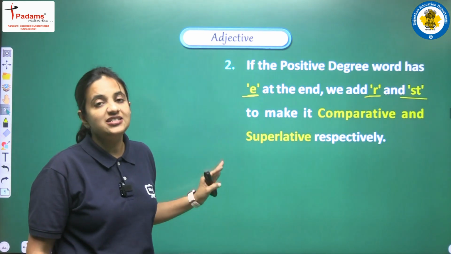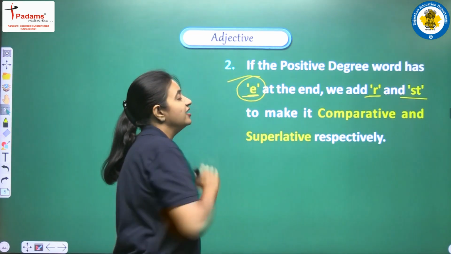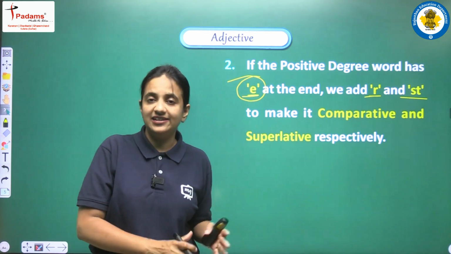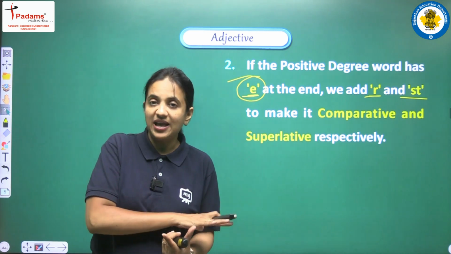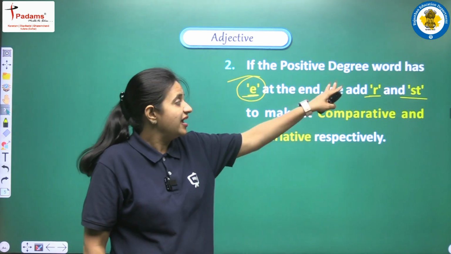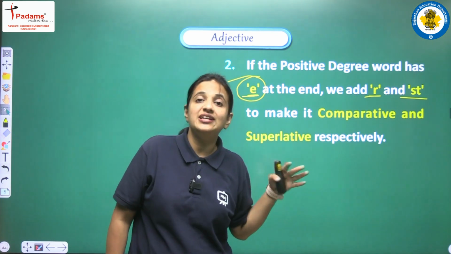Now the condition is that if the last letter of the word is e, okay, अगर positive degree का जो last letter है, जो last alphabet है, if we are having e at the end of the spelling, then we just add r and st to make comparative and superlative degree respectively.